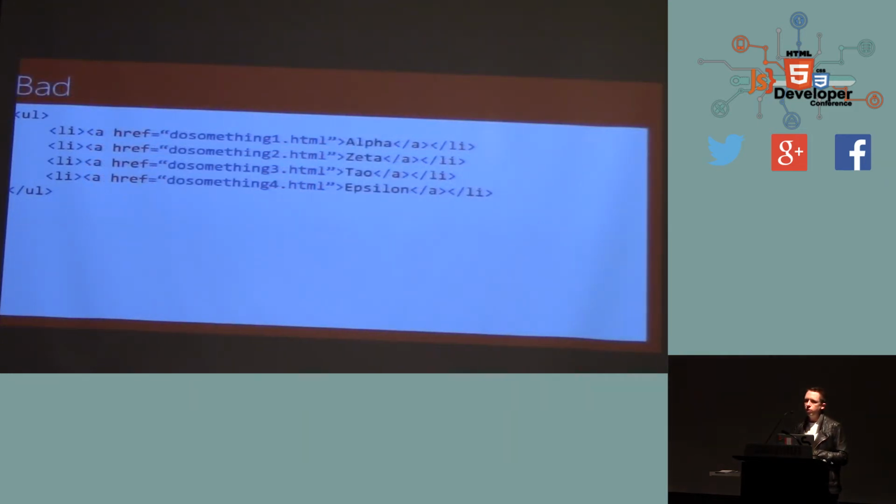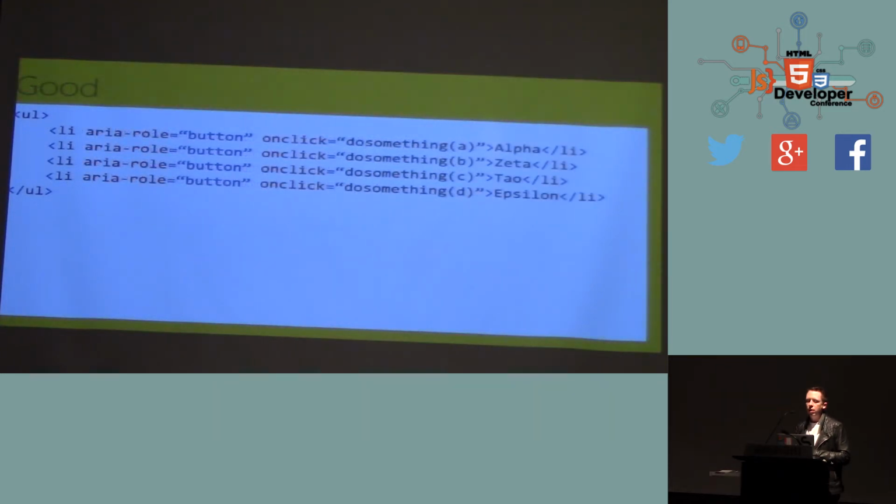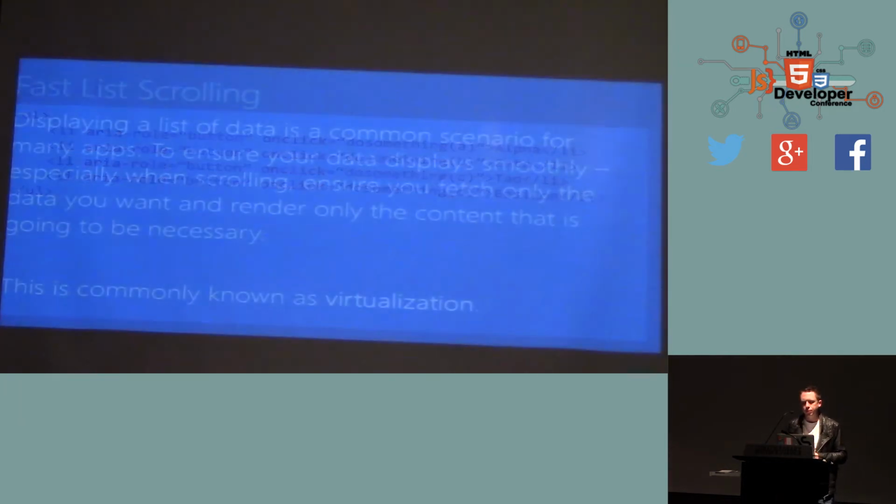In this case, we reduced the element count by about 30% by using on-click events on our list items rather than adding an extra element for the anchor tag. So building for performance is not necessarily the same thing as building for maintainability or code legibility, right? You're going to make some strange decisions when you optimize for performance.